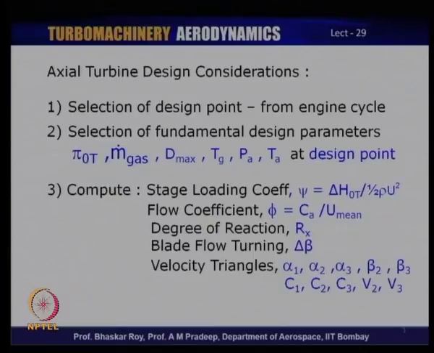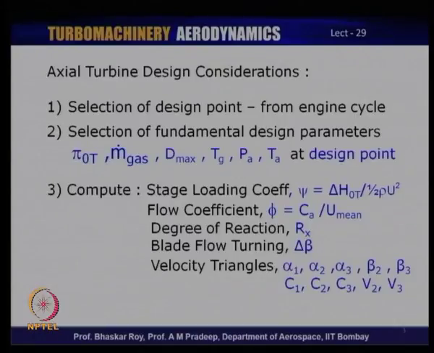Now, this is something which is normally decided by the state of the art of the turbine material and the turbine cooling technology, and as we have discussed in the cooling lectures, this temperature has been pushed upwards very significantly by the cooling technology from about 1000 K to presently about 1800-1900 K. So, turbine entry temperature, as written here as T g or T gas, is indeed decided by the state of the art of technology of turbine blades.